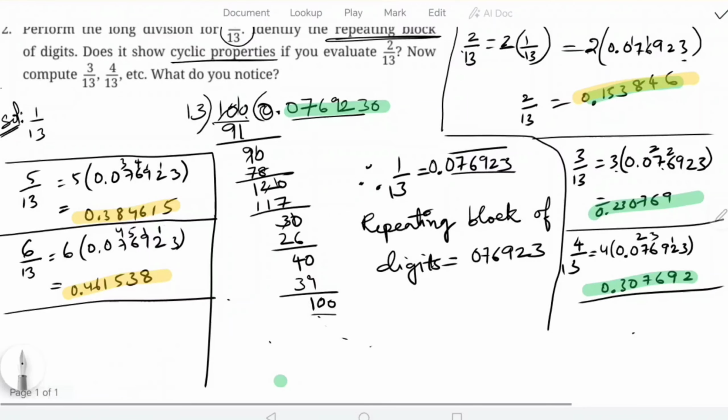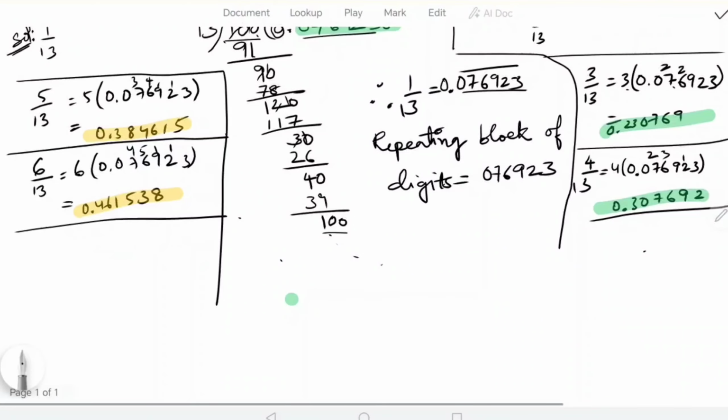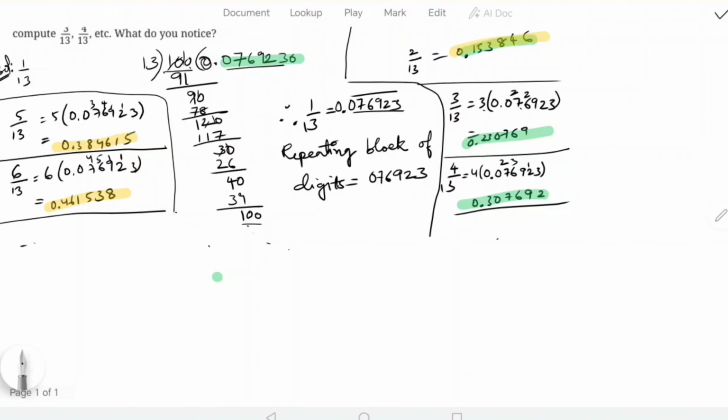So here let us write the conclusion. They ask, does it show cyclic properties? Yes, it shows cyclic properties. Unlike 1 by 7, where we observed that all the digits are repeating, with only one group of digits repeating, here we have families.